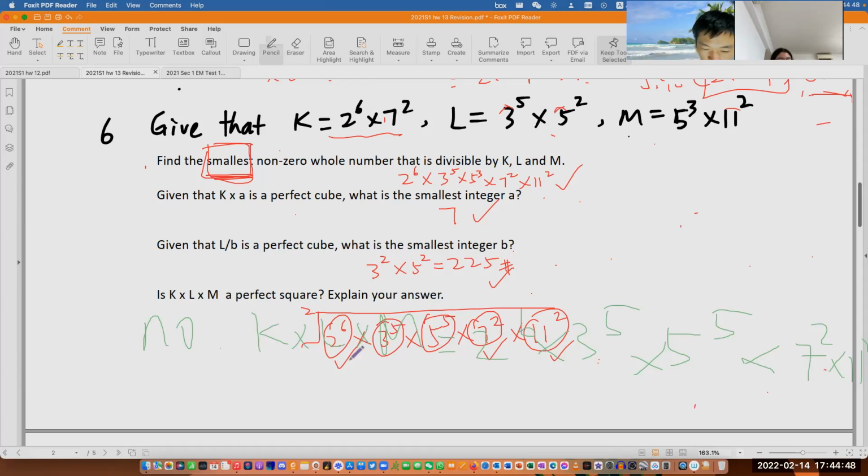So you just show this, or you can use your calculator to multiply all this and then take the square root, and you end up with a not a whole number. If it's not a whole number, that means it can't be square rooted. Okay? So either way.